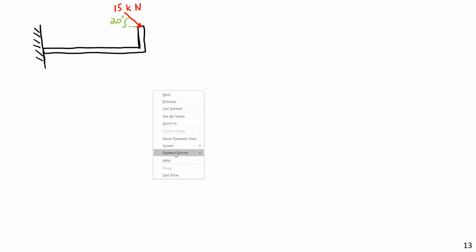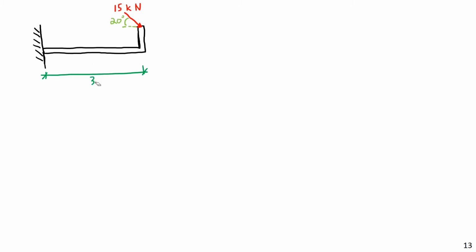Then I'm going to need the dimensions, both the horizontal and vertical. Let's give this thing a length of 4 meters. I know 10 feet is not 4 meters, I just thought that might be nice.